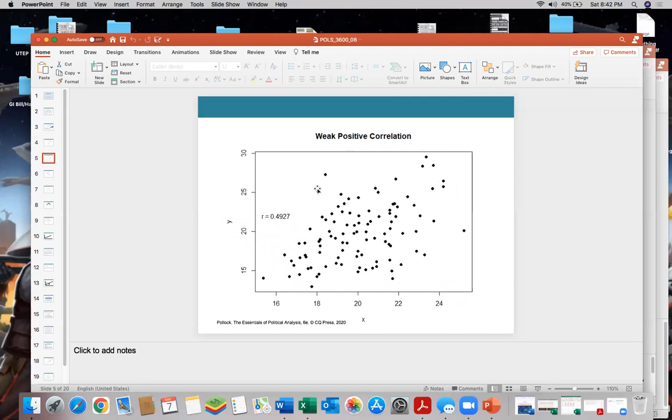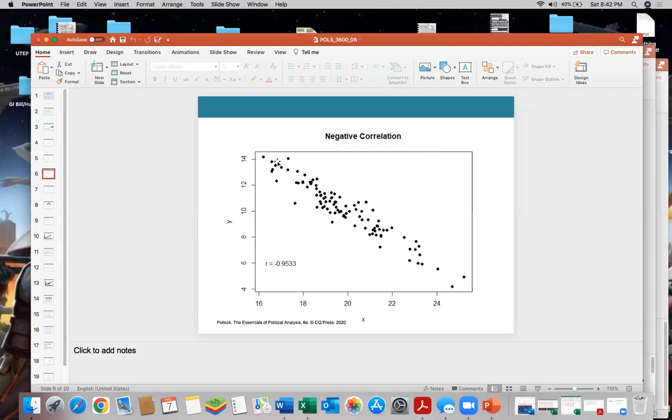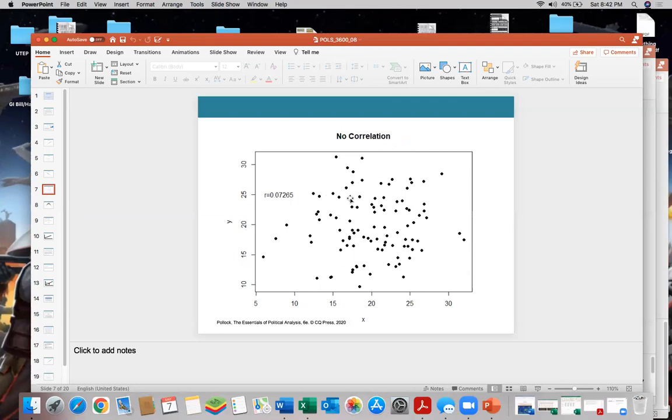This is a weak positive correlation, only around 0.5. You can see there's a general trend of going up this way, but it's not as tight as that previous one. Then we have a strong negative, around -0.9. And this is no correlation, almost at 0, just all over the place.